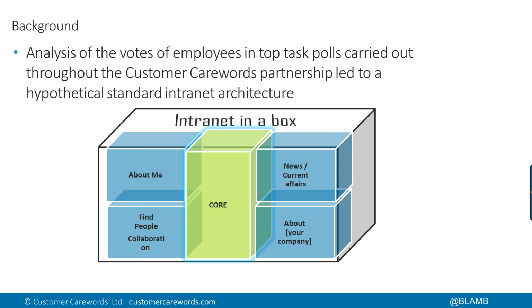A group which we called About Me, a group called Find People, which was all about finding people and collaboration, also a group of tasks around news, current affairs, a group of tasks that were about your organization or your company, and finally a group of tasks that were unique, that we called the core, that were unique to your organization, to its special context, to its competence, the essence of what it was meant to do.